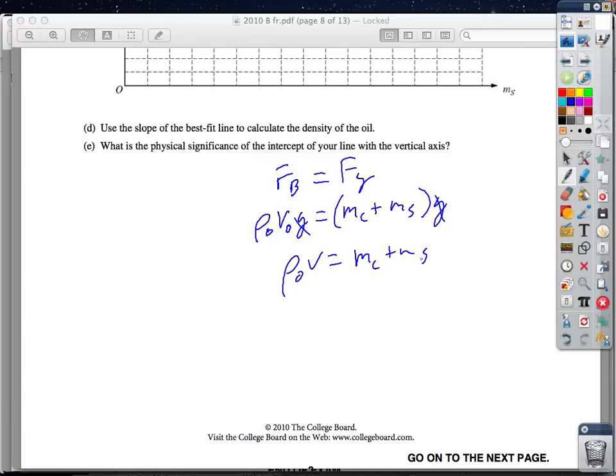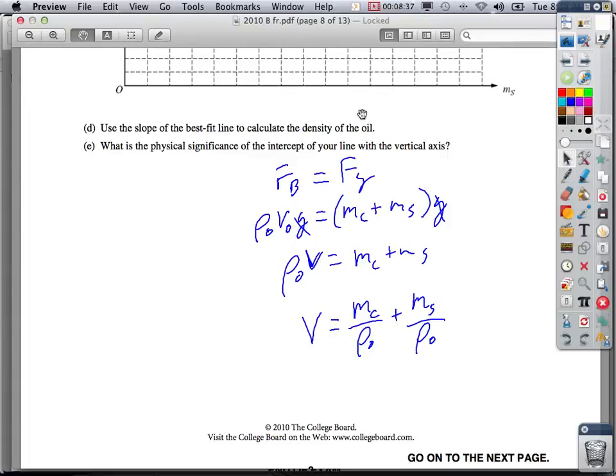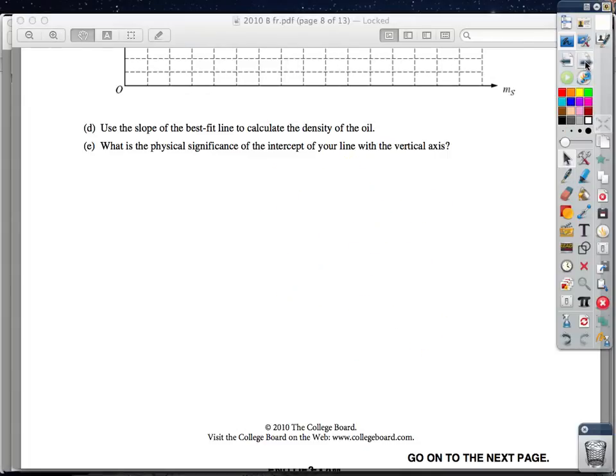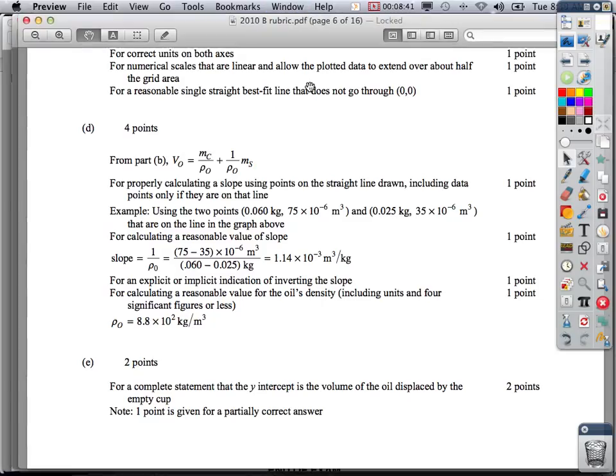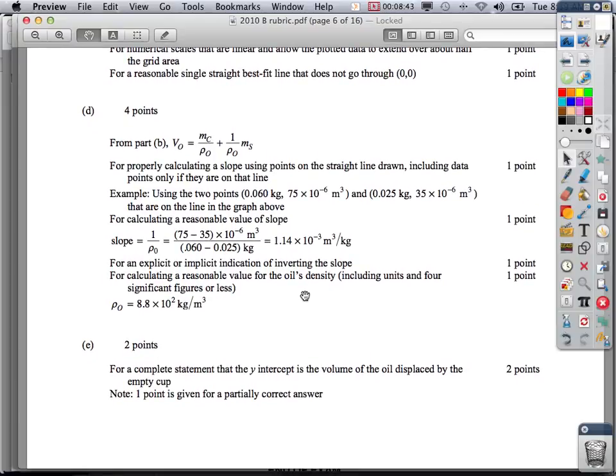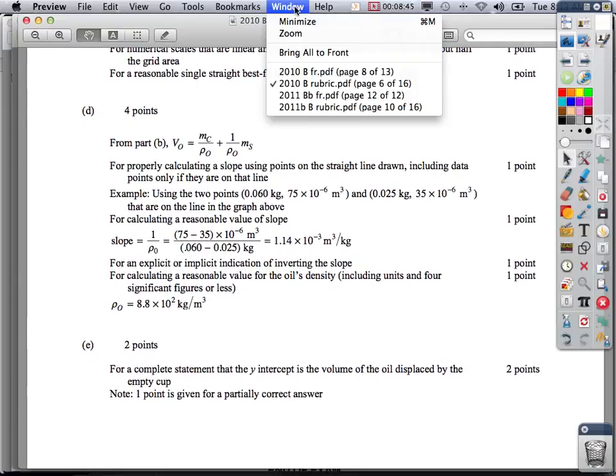Plus mass of the sample. So then they did this, and they basically said the volume should be mass of the cup over the density, plus the mass of the sample over the density. That's going to give you the volume that it displaced. Yeah, so they got that same thing that we got there.